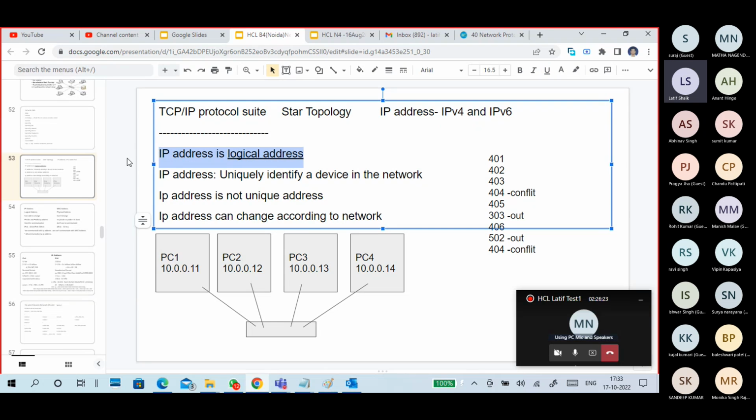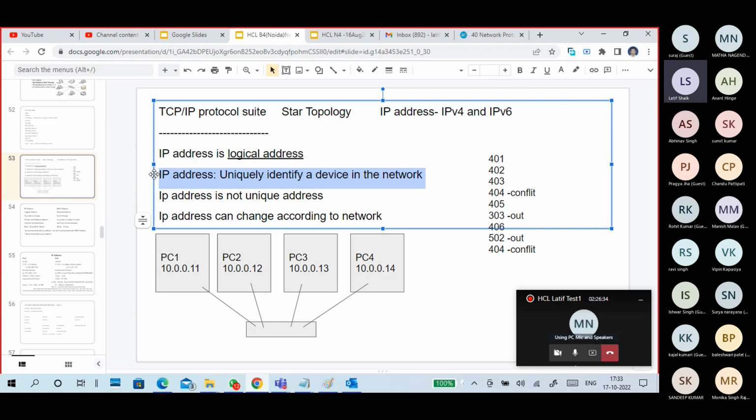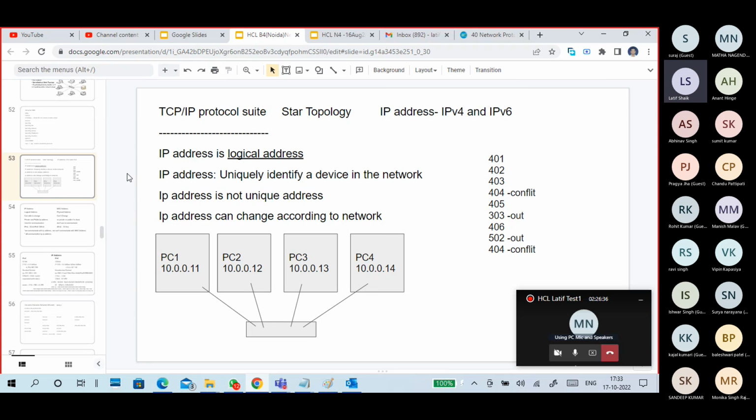It is a logical address. IP address is a logical address. MAC address is a physical address. An IP address uniquely identifies a device in the network. An IP address is not a unique address.